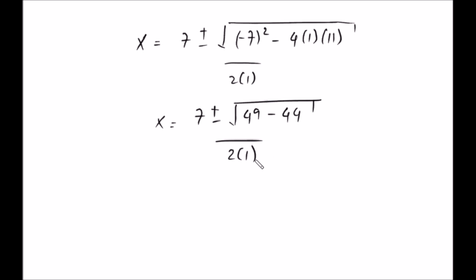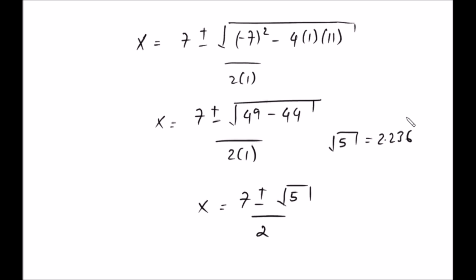So 2 times 1 ni 2 by the way. So 49 minus 44 ni 5. Kwa hiyo x ni sasa na 7 plus or minus the square root of 5 over 2. But the square root of 5 ni nini? Ni 2.236. Kwa hiyo kumbe x ni sasa na 7 plus or minus 2.236 over 2.